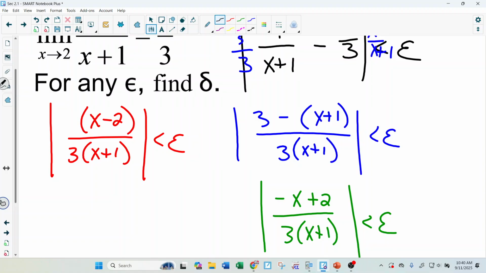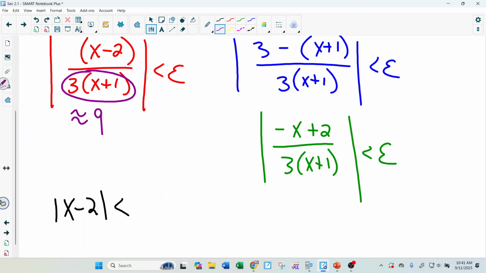What is x getting close to? 2. So let's consider the bottom. As x gets close to 2, this gets close to what? 3. Oh, wait. 3, and then times 3, or 9. So as x gets really close to 2, this kind of gets close to 9, right? Follow me?